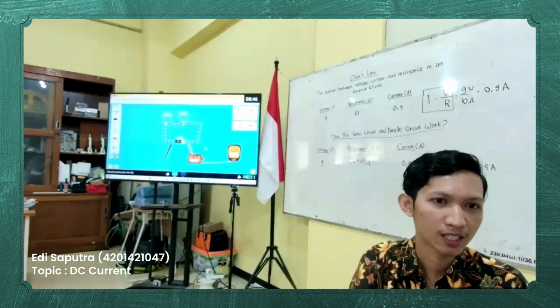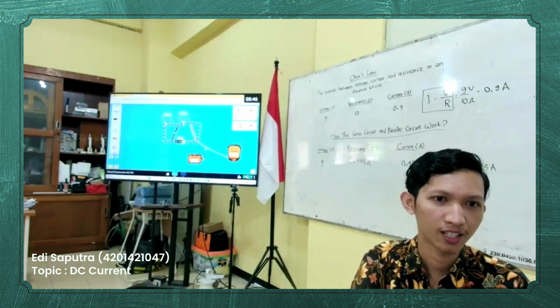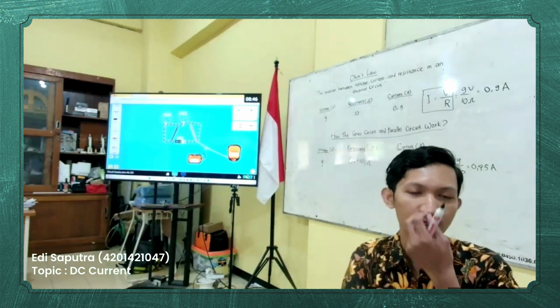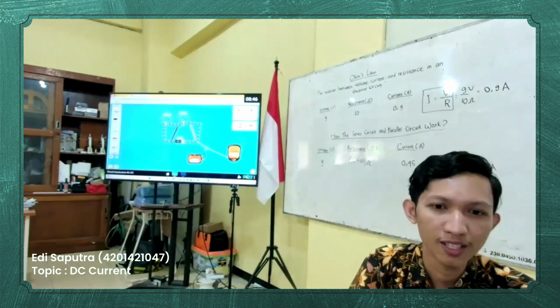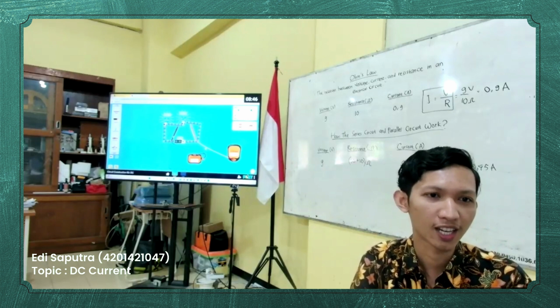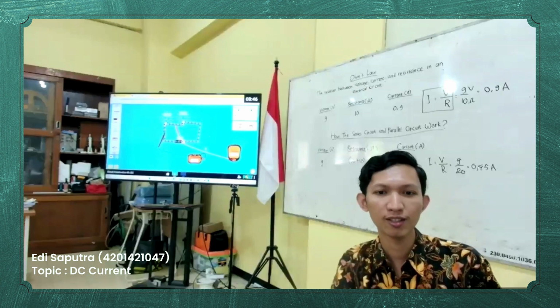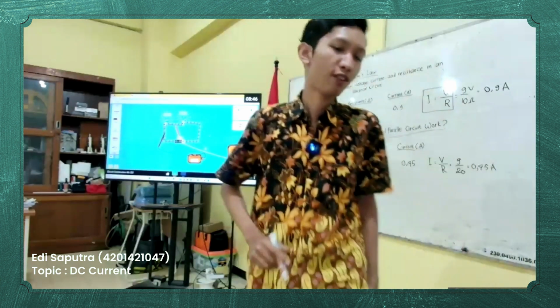And how about in this light bulb? Okay, we get the value in the first light bulb that the voltage is about 4.5 volts, and the other one also 4.5 volts.